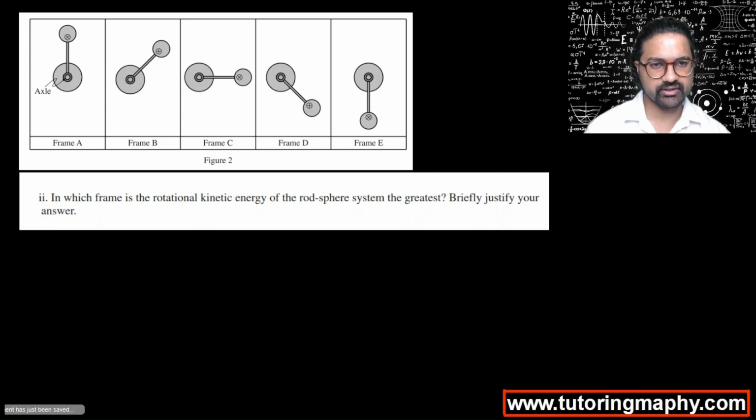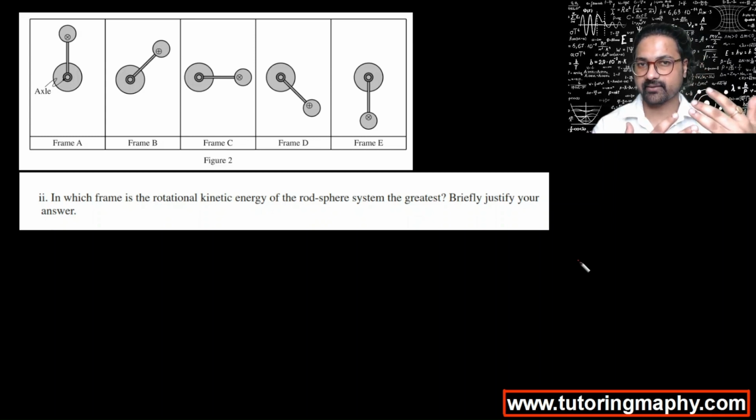So if the energy is conserved, and remember the system starts from rest, so the initial kinetic energy is 0. So can we say that the situation in which there is a maximum decrease in the potential energy will result in a maximum increase in the kinetic energy?